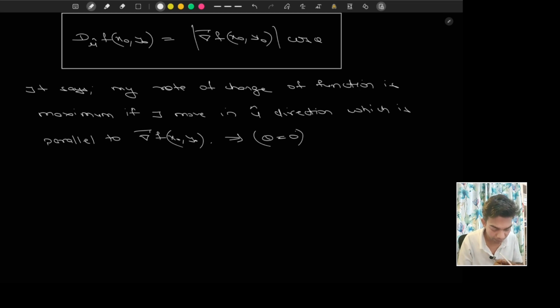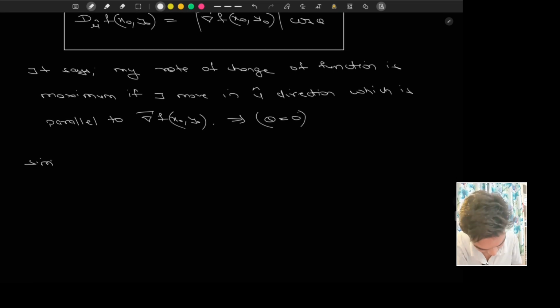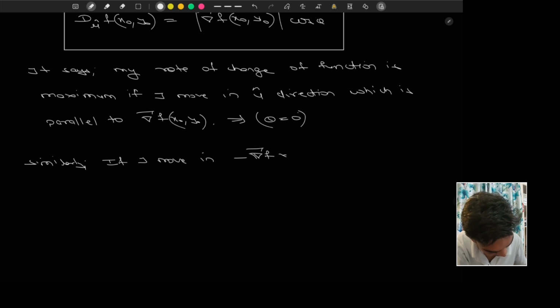So the gradient is the direction in which the function changes the most. Similarly, you can also say that if I move in minus the gradient at x0 y0, the rate of my function will decrease the fastest.